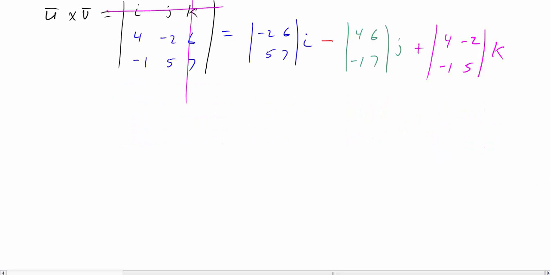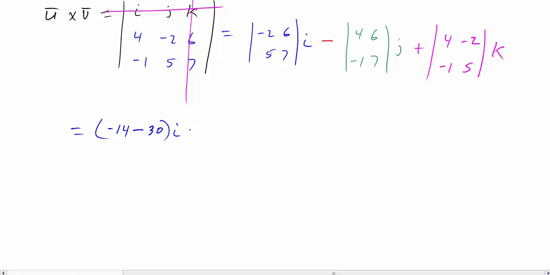So now we need to break down each one of these by simply finding the determinant here, which again we're going to cross multiply. So in doing so, we're going to take -2 times 7. So we would end up here with a -14, and then the formula is minus 5 times 6, which is 30, times i.